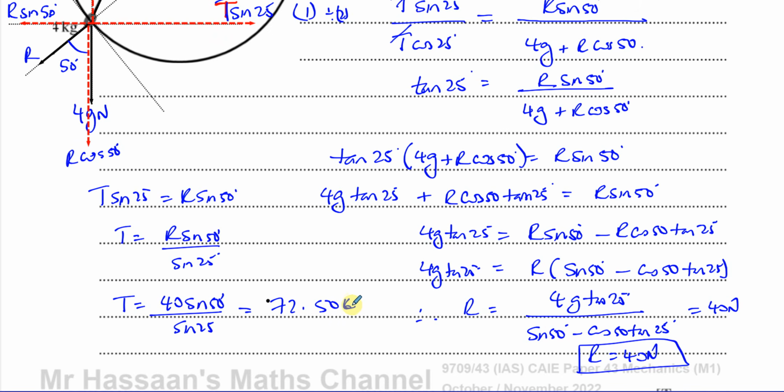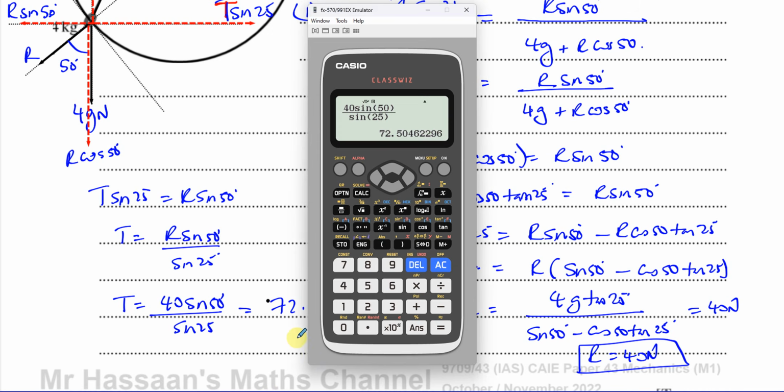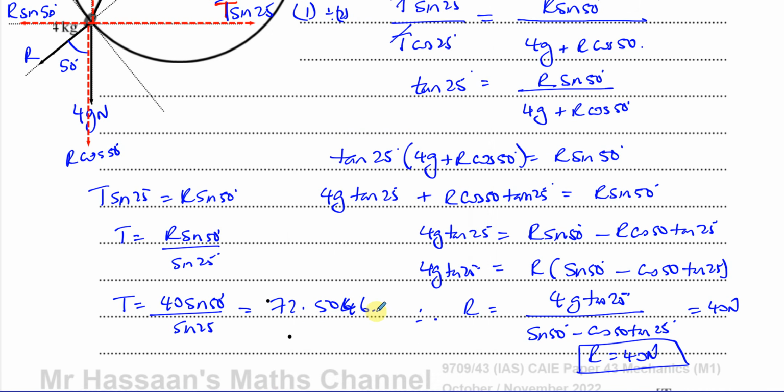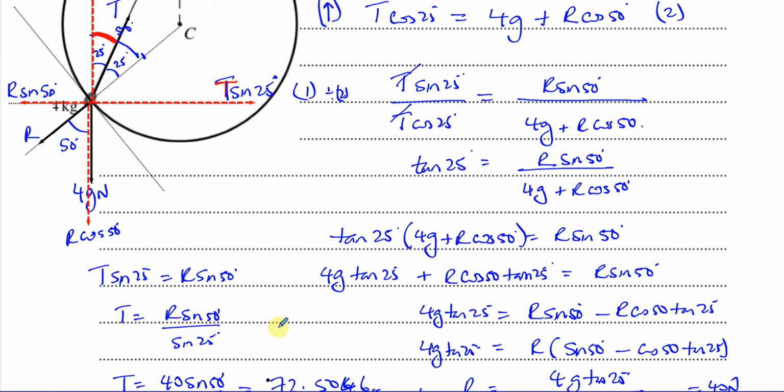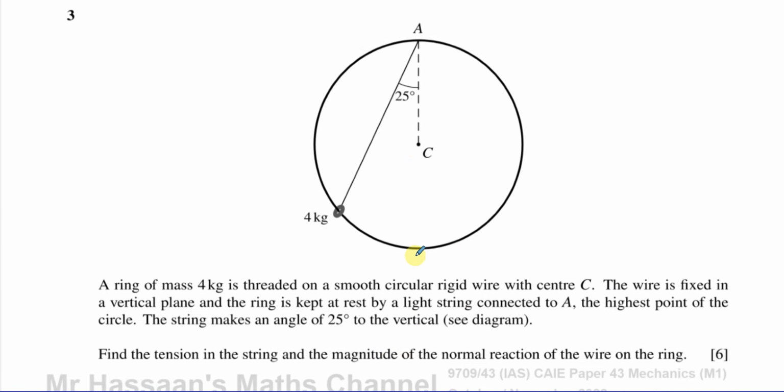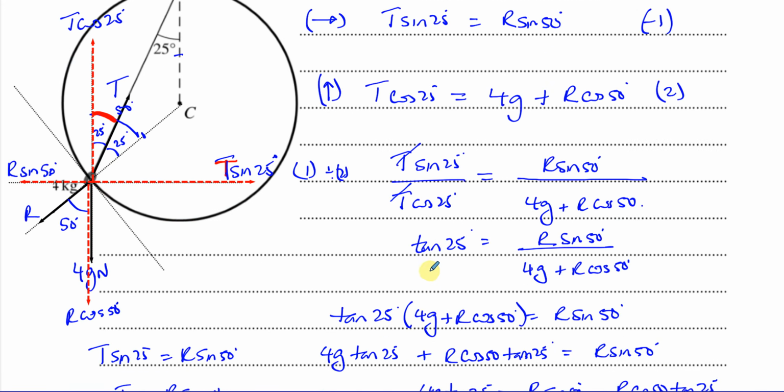So that's going to give you 72.5 newtons. Let me write that neater. So T equals 72.5 newtons to 3SF. So we have our values of R and T, and that's one way of answering this question. Okay, that's a perfectly fine way of doing it.